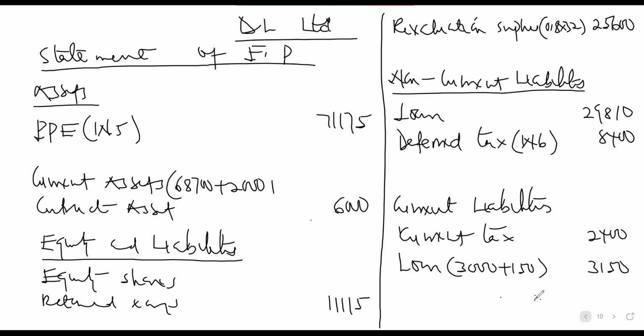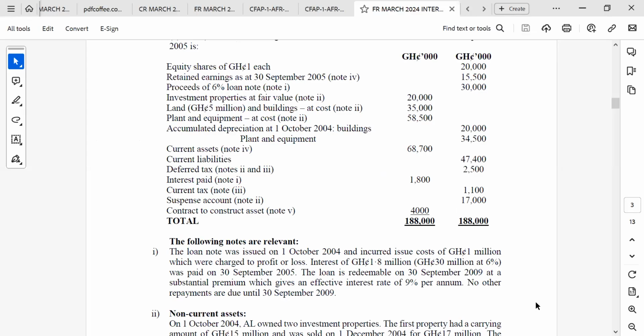Okay. Our equity shares is how much? Is it 20,000? Equity shares in the question is how much? Yes, 20,000. Okay. So can we get the current liabilities now? The current assets, we have done that already.